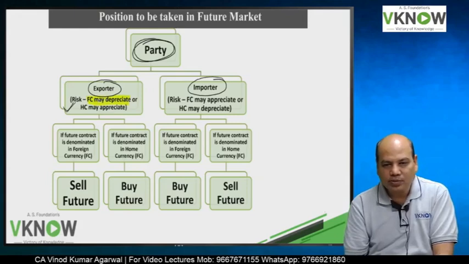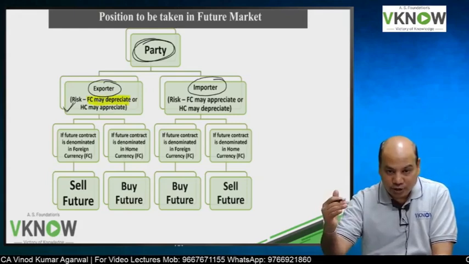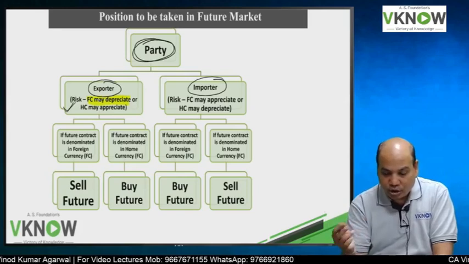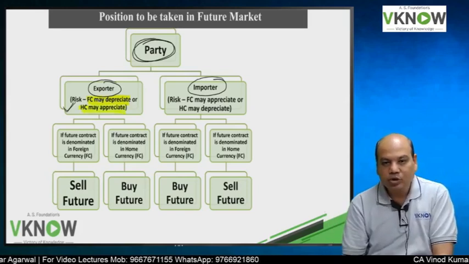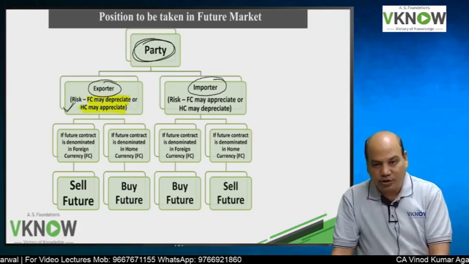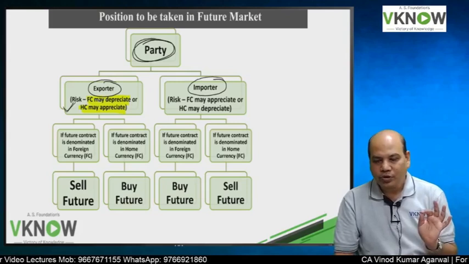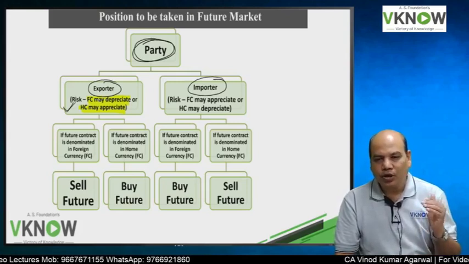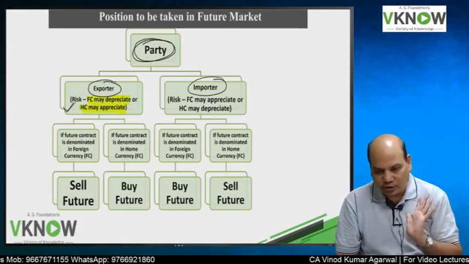If suppose the dollar depreciates and you are an Indian company, you will get fewer rupees. Or you can also say home currency may appreciate. Understood? So to an exporter, the risk is that the foreign currency may depreciate or home currency may appreciate.